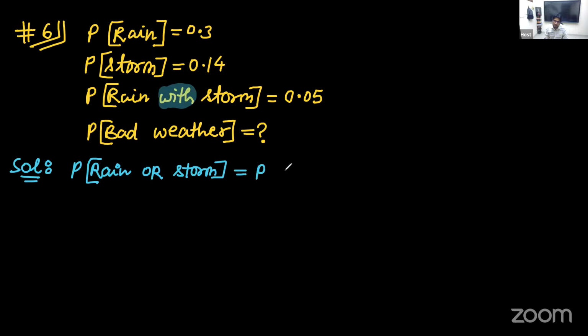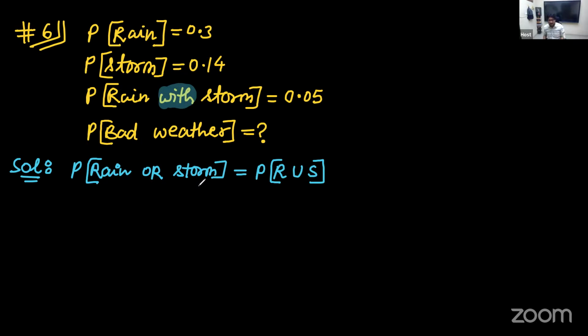Rain or storm, both ways you have bad weather. I told you repeatedly that or means union. Union is something that gets satisfied by either rain or storm or both.